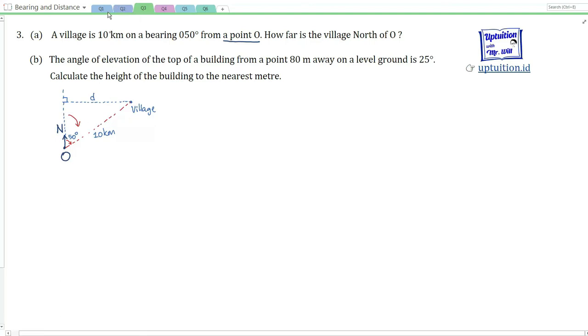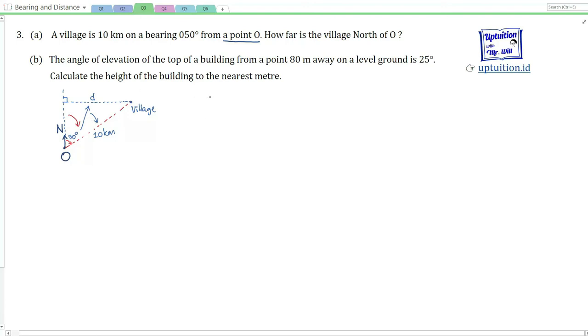So let me just use trigonometry. You can take a look at the angle. This is a 50 degrees angle, and you want to find out the opposite side of that angle, but you are given the hypotenuse of that right angle triangle. So what you want to use is the opposite and the hypotenuse.